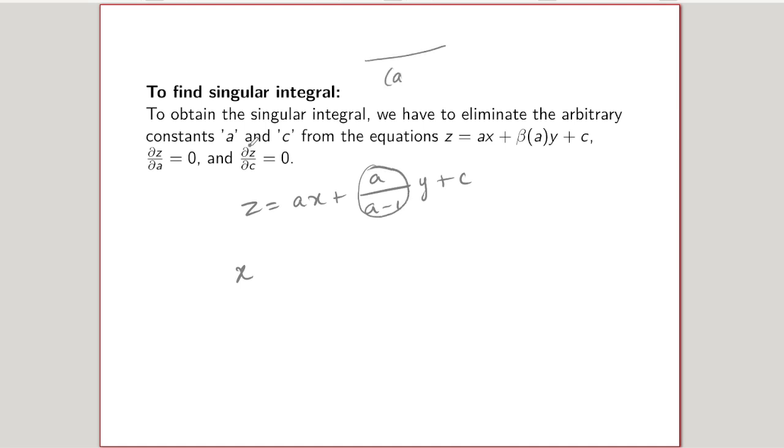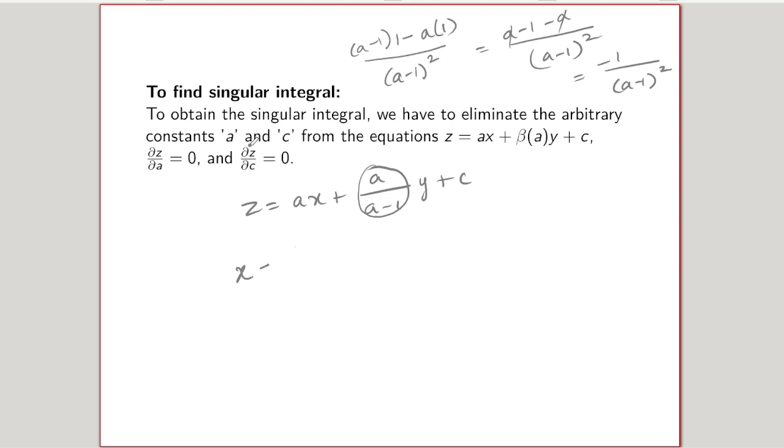So it will be a minus 1 the whole square in the denominator, v u dash is 1, minus u v dash is also 1. So you will be getting a minus 1 minus a divided by a minus 1 the whole square. So plus a and minus a will get cancelled. We will be getting minus 1 divided by a minus 1 the whole square.